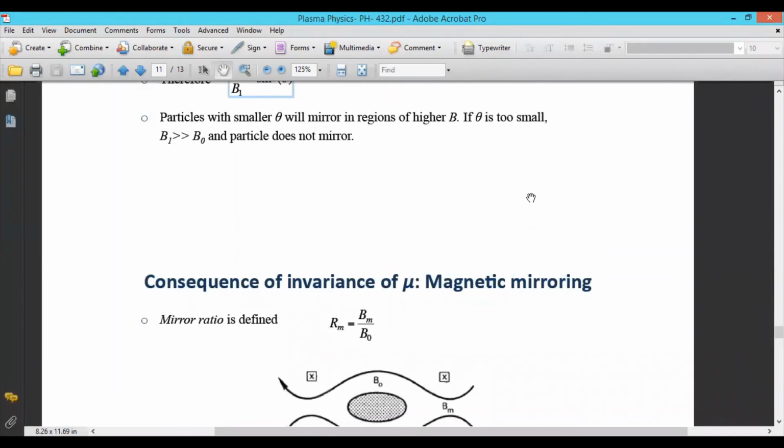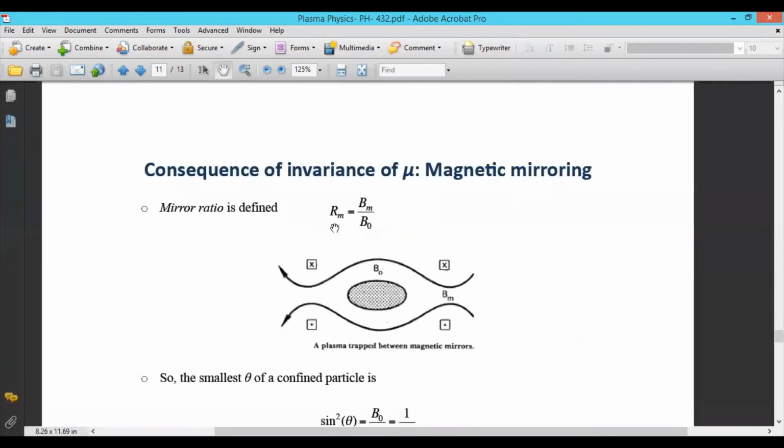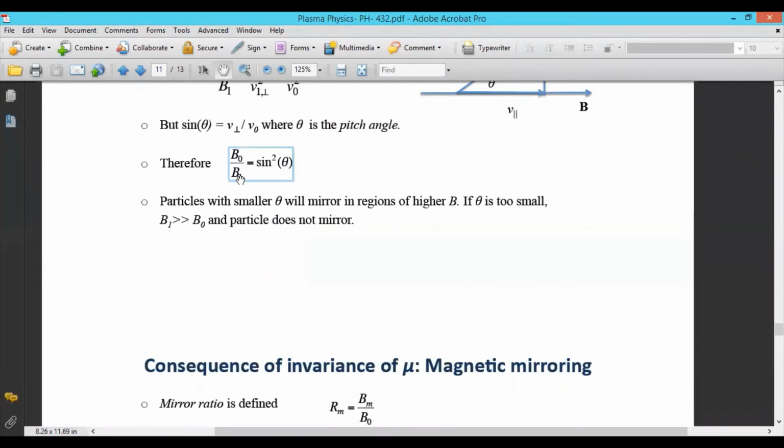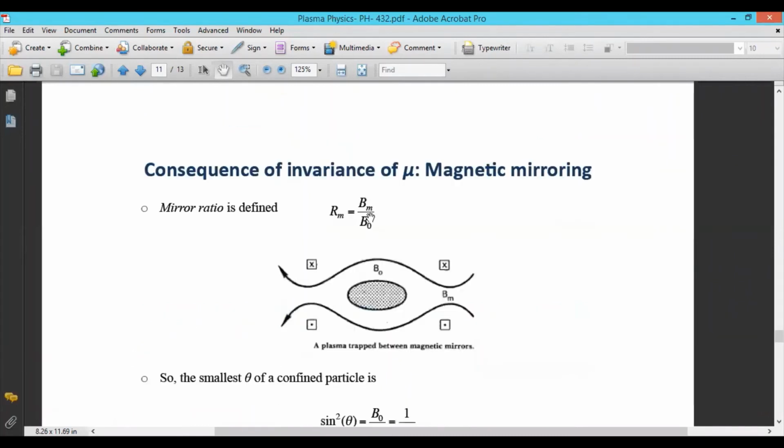So let us define the mirror ratio. That is, we can say that Rm equals Bm over B naught, where we have considered that Bm is equal to B1 for some cases, and B naught is the initial weaker field.